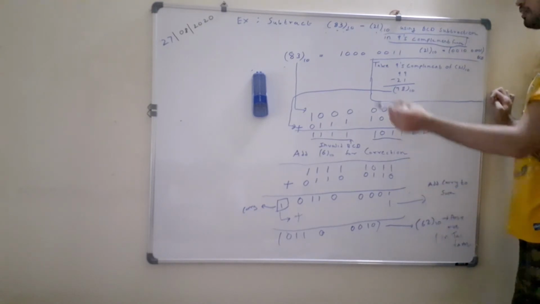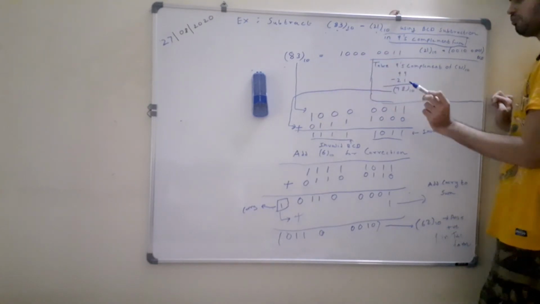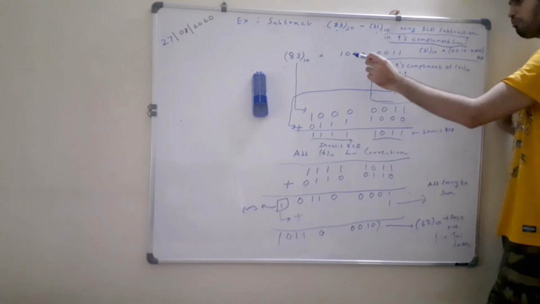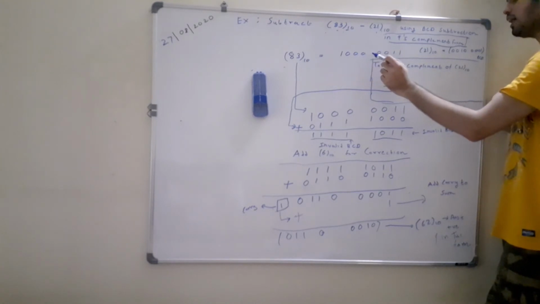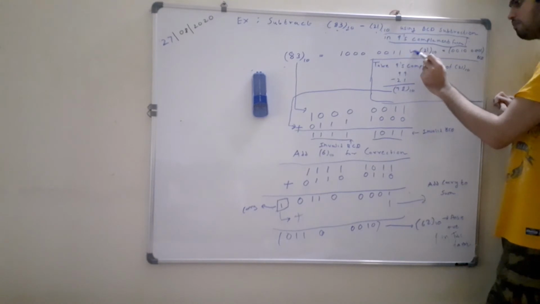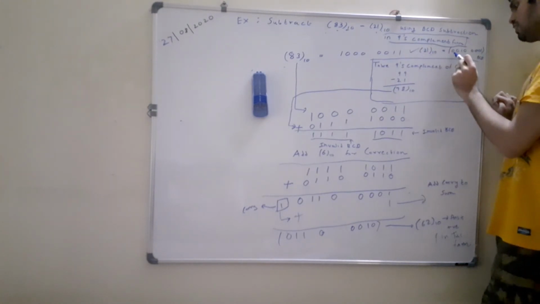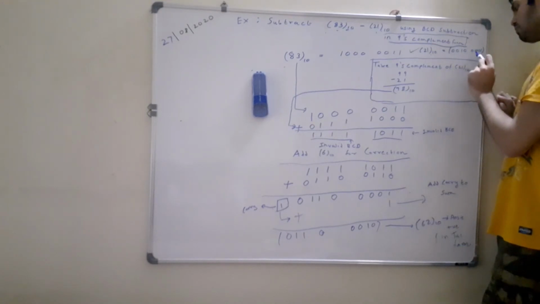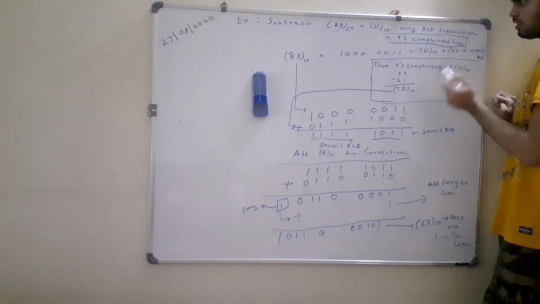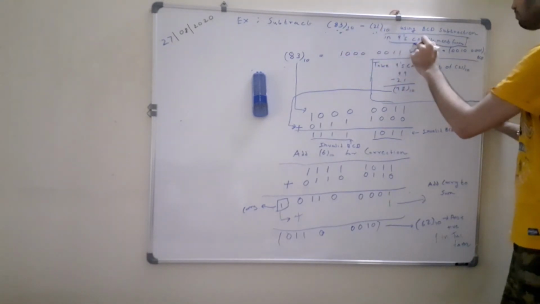Let's say, what will be the BCD representation for 83? It would be 1000 0011. This is the BCD representation for it. And what will be the BCD representation for 21? 0010 0001. But remember, we are subtracting 21 from 83 using the 9's complement form.